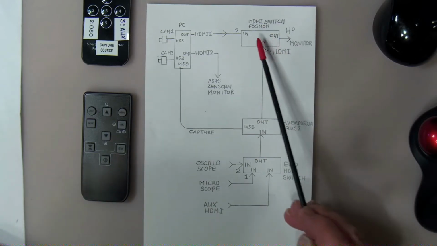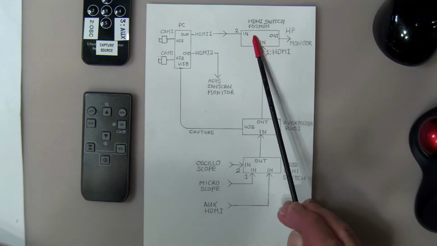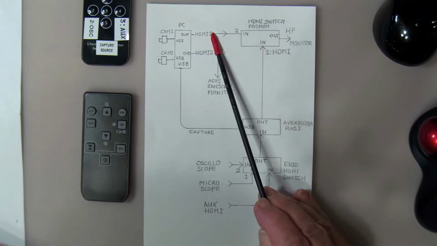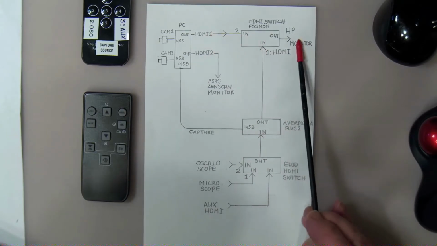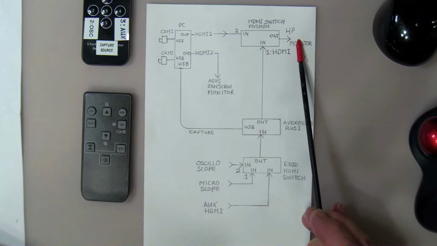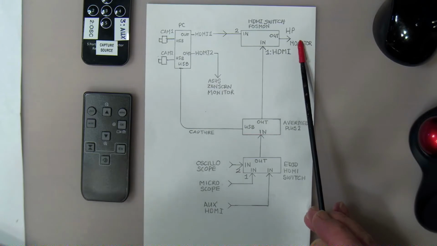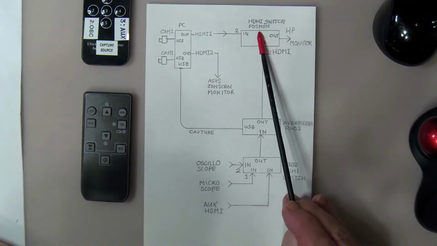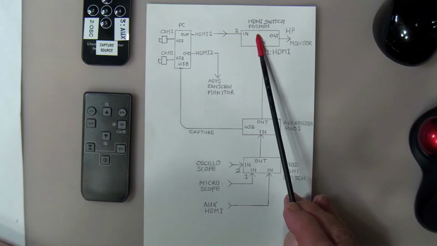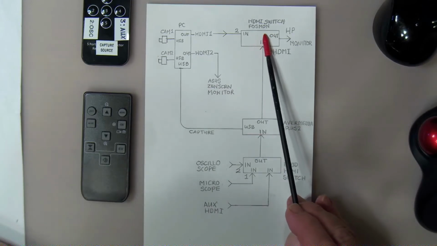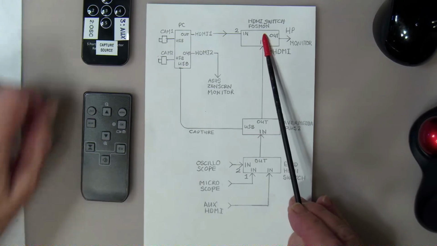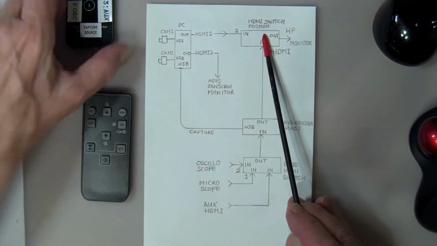And I have the HDMI 1 output that goes to an HP monitor, which is mounted on the wall next to my desk, and it's going through a 5-input electronic HDMI switch, which has a remote control.